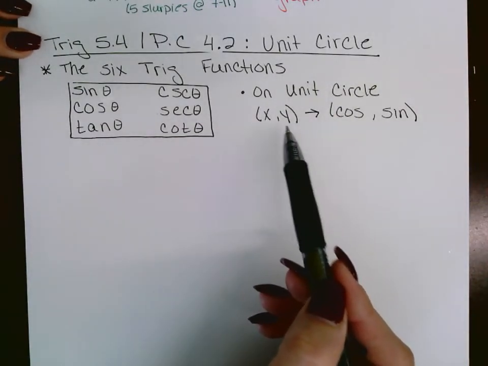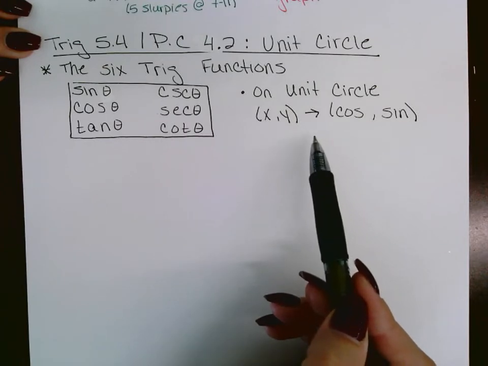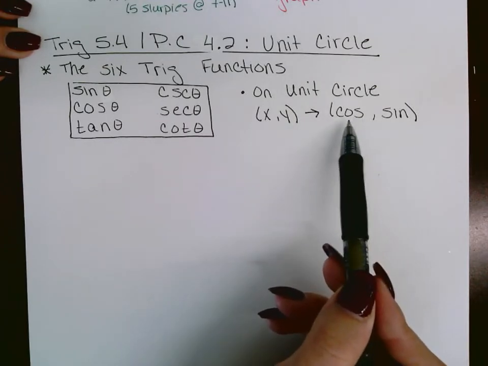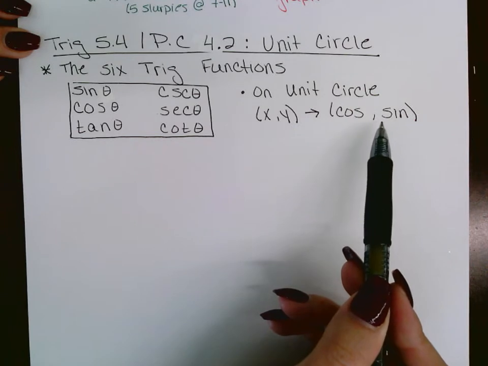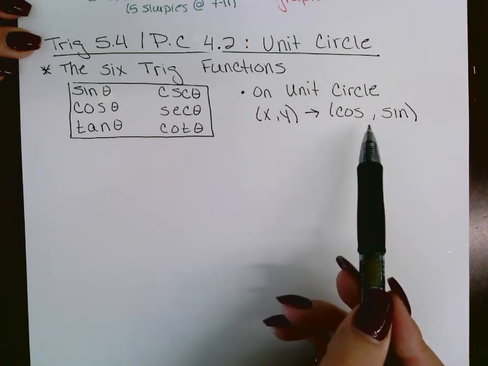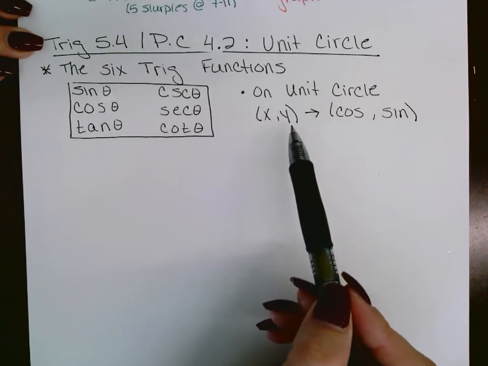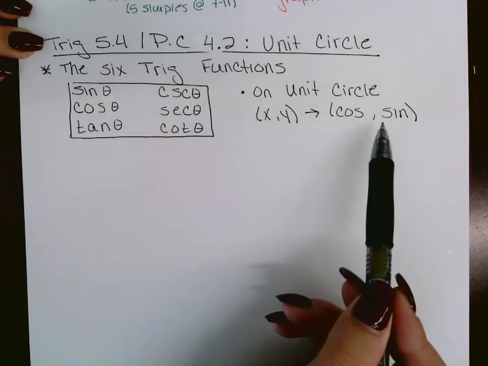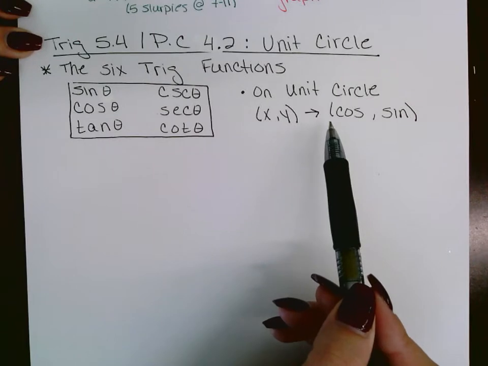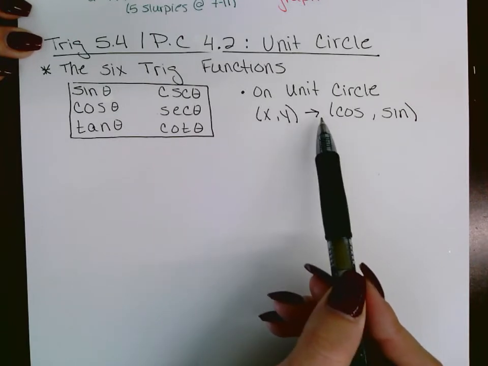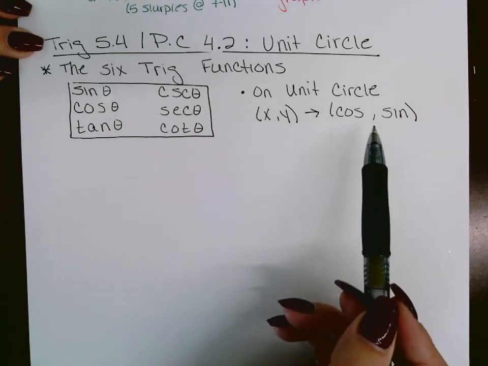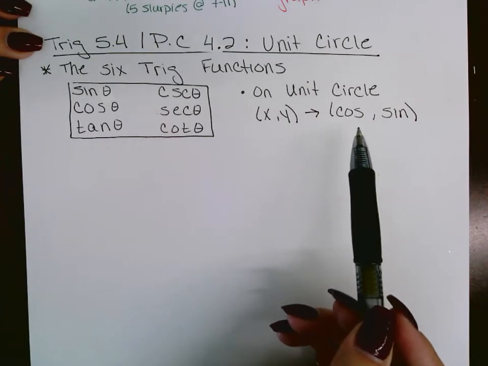The ordered pairs x comma y represent the values for the cosine and then the sine. There's a beautiful thing in math that they've always kept things in alphabetical order. So just like x comes before y in the alphabet, c comes before s. That's how you're going to hopefully remember that the x value is your cosine and the y value is your sine. Make sense so far?